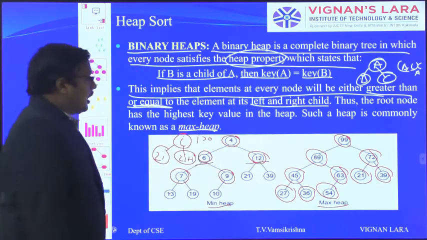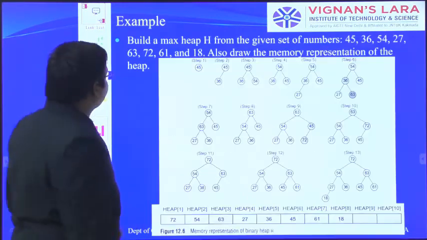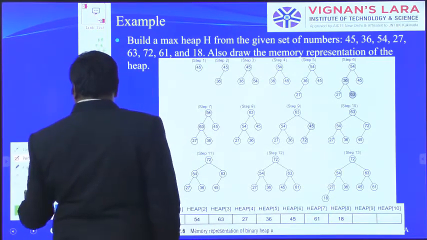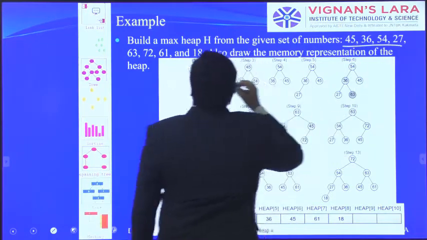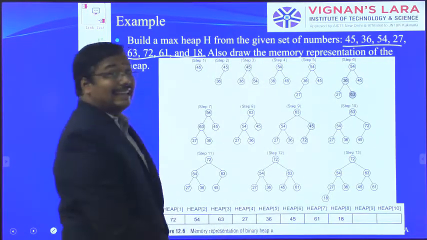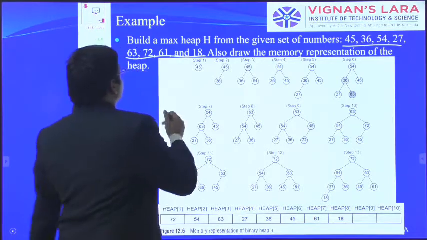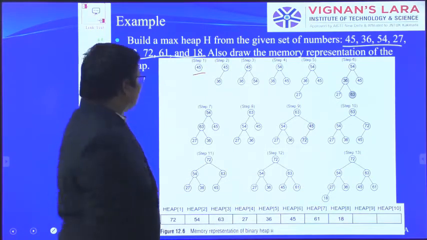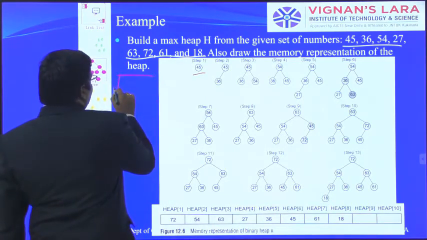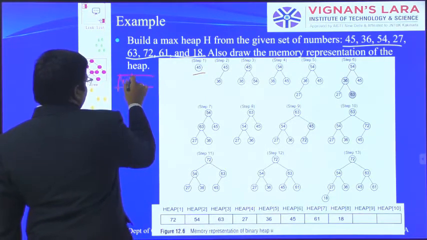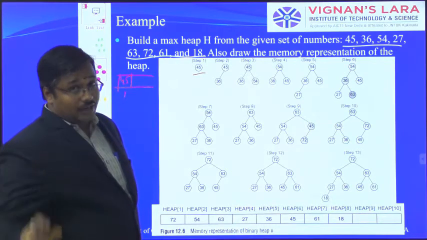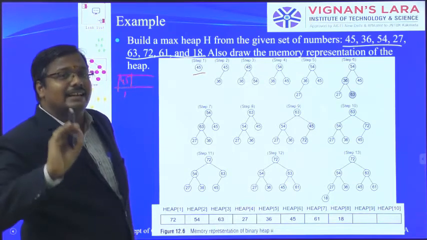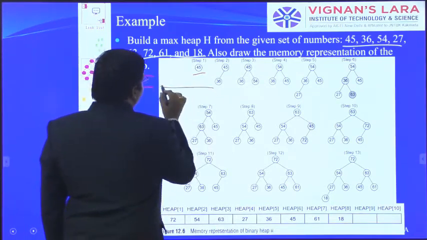Okay. So how to construct a heap, we will see. Say for example, these are the elements given to construct a heap. First we will take 45. In general, 45 is stored in the first position. I already told that generally a max heap or min heap is a linear data structure, meaning it is an array only.